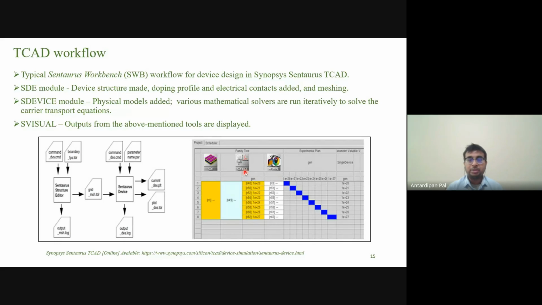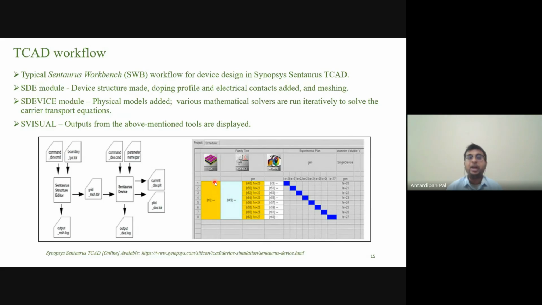Synopsys has many tools like S-Process, SDE, S-Device. We use the SDE because S-Process is more accurate, I know, but it's very complex and very computation hungry. If you don't have a cluster computer or a supercomputer, it takes hours and hours, more than 48 hours, to do a process simulation.